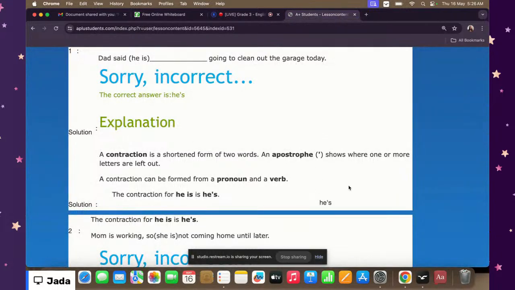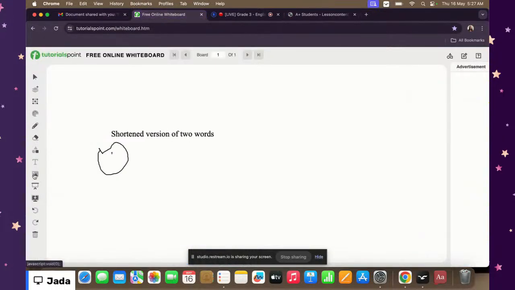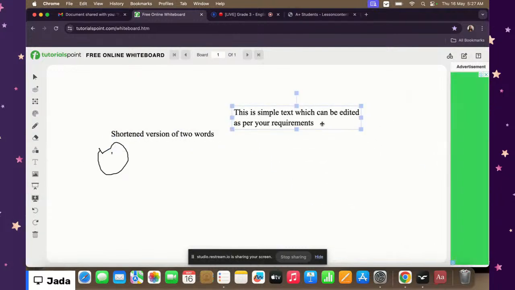All right. A contraction can be formed from a pronoun and a verb. So you also take notes that a pronoun and a verb is important because it helps you figure out the contraction.